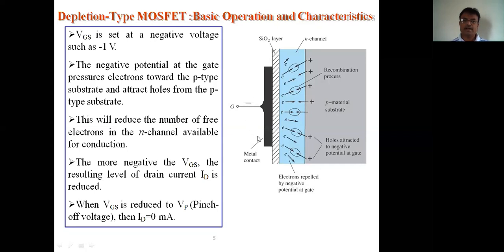The more negative the VGS, the less the drain current. At a certain voltage called pinch off voltage, VP, ID becomes 0. If you apply a large negative voltage called VP, the drain current becomes 0. I hope you have understood. This is an important topic.